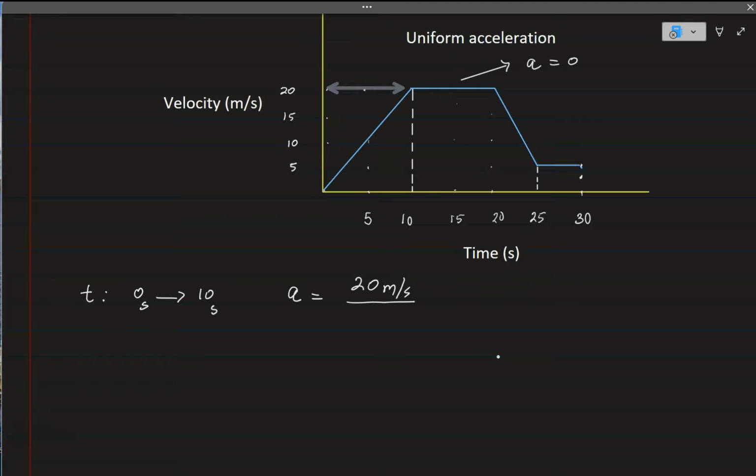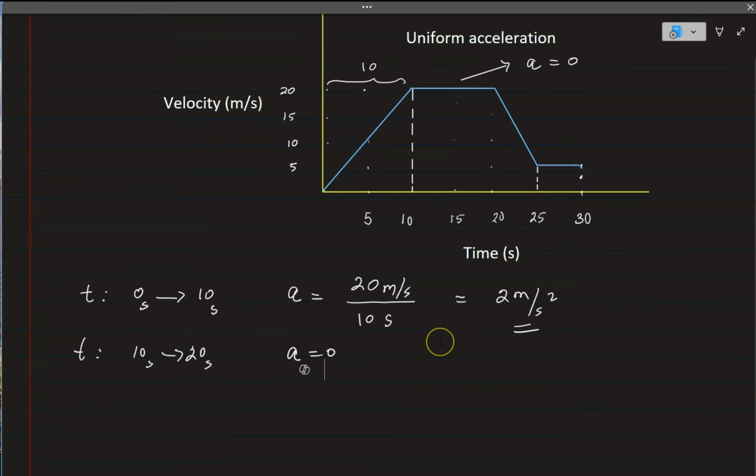So we're going across 10 units right here, 10 at the bottom, you can see that, right? So that would be 10 seconds, and the acceleration becomes 2 meters per second squared. And it is positive because the velocity is a vector and it's in a positive direction. The slope is positive as well. We've done the 10 to 20. So for t between 10 and 20 seconds, acceleration is 0. It's flat. Velocity has not changed.